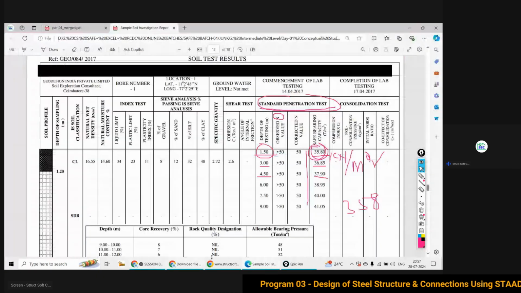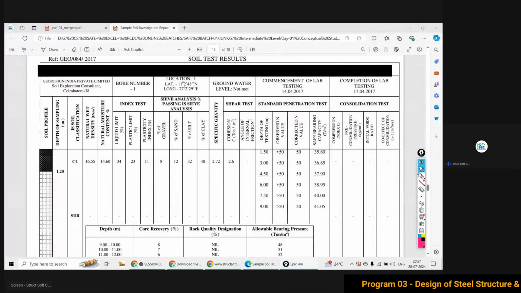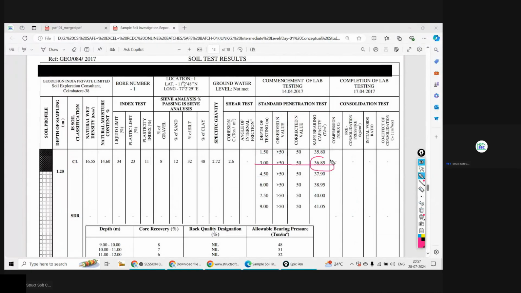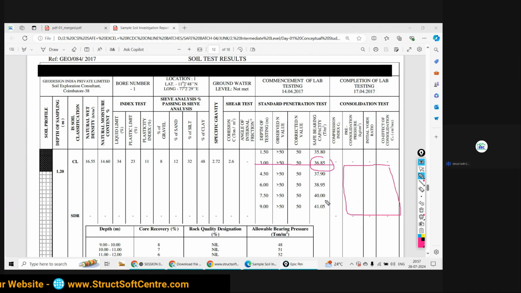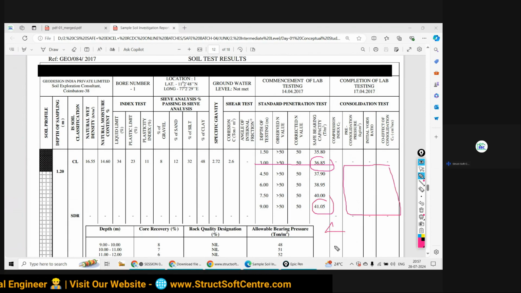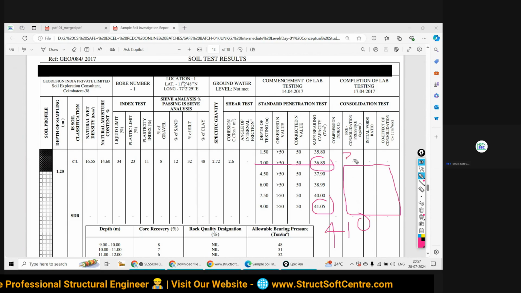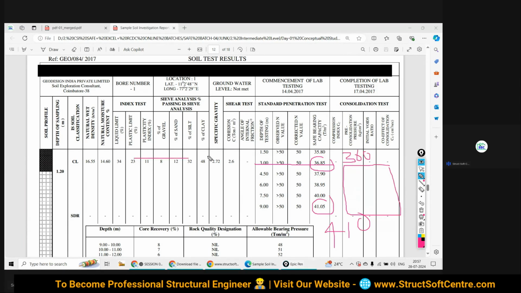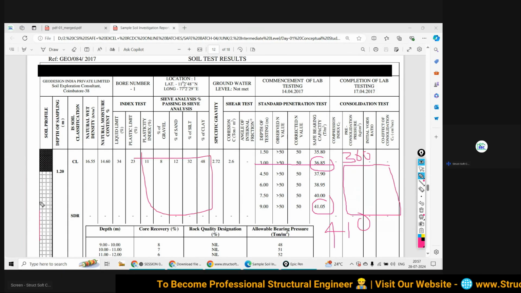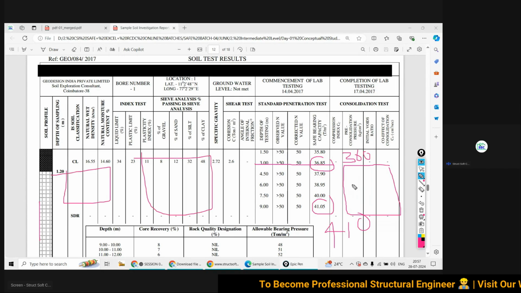So here you may say, sir, I will take my foundation only at 3 meter, so your SBC will be less, and accordingly the footing size requirement will be more. But if you go to greater depth, 410 versus 368 here. If SBC is less, area demand will be more. If SBC is high, area demand will be less. Both are vice versa.